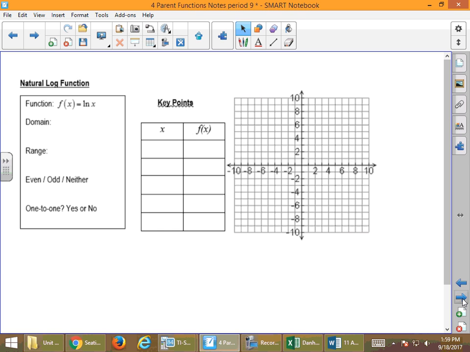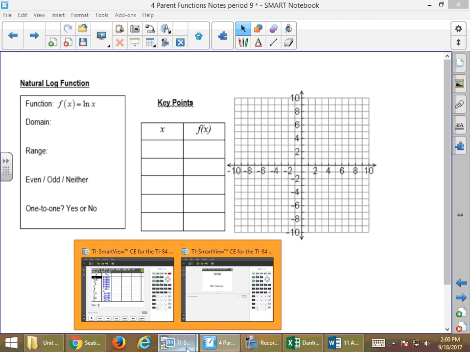So what they would say in French is they'd say logarithmic natural instead of, for us, natural log. So logarithmic starts with L, natural starts with N. There's where the LN comes from. We've seen that button already today because we saw it when we graphed the exponential function at the top of this page. So we know where that button is on our calculator.